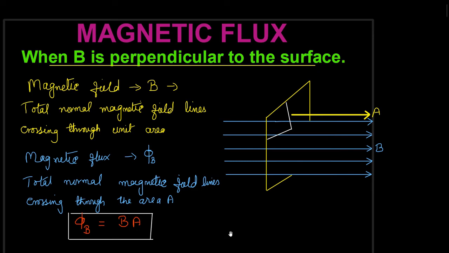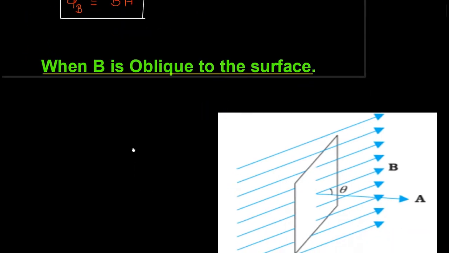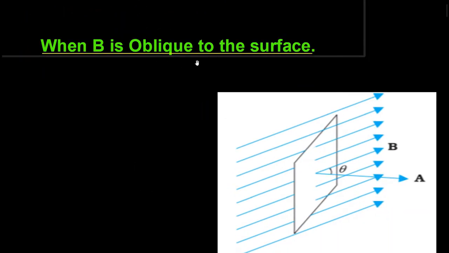Now let us consider a second situation, that is when magnetic field is oblique to the surface.